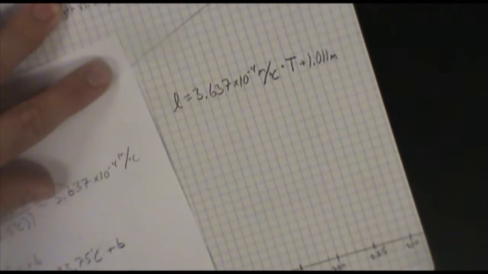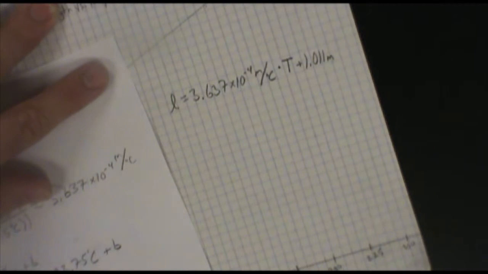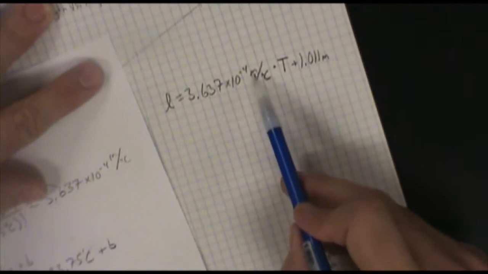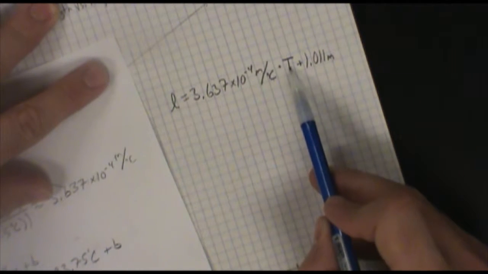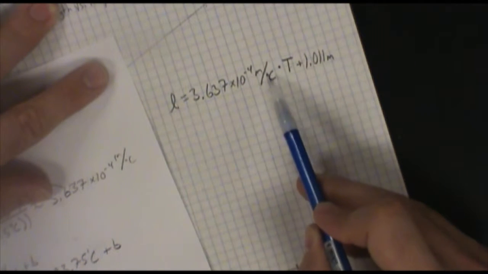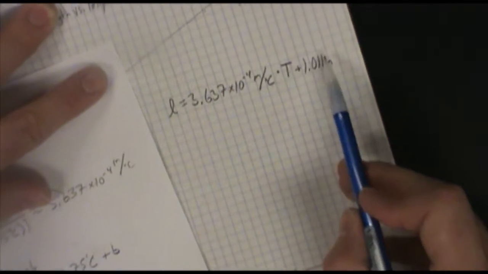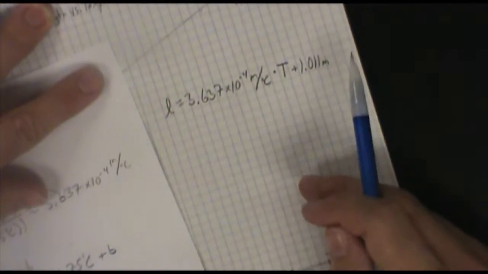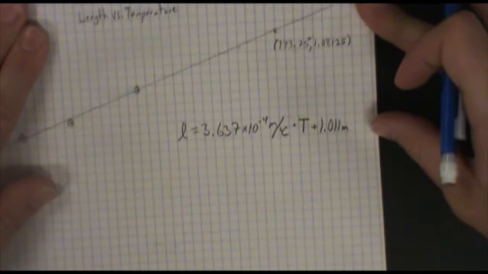This is the equation of my line. I'm going to write it right there on my graph so that we can see it. The units make sense. I have meters over degrees Celsius. If I multiply by temperature in degrees Celsius, the degrees Celsius will cancel out, leaving meters. Meters plus meters gives me meters. I have now completely found the equation of this line.